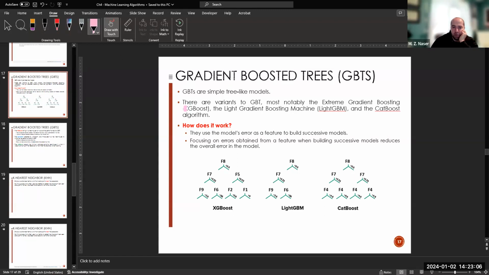I'm sure by now you've heard of XGBoost, LightGBM or LGBM, and CatBoost. These are all different variations of a tree-like algorithm, and the difference is actually not that large.